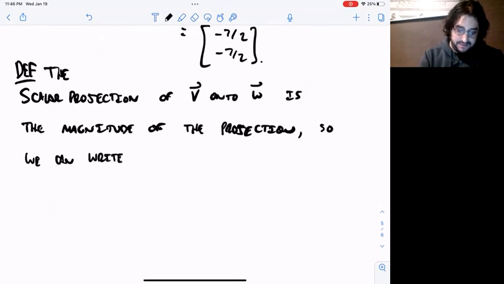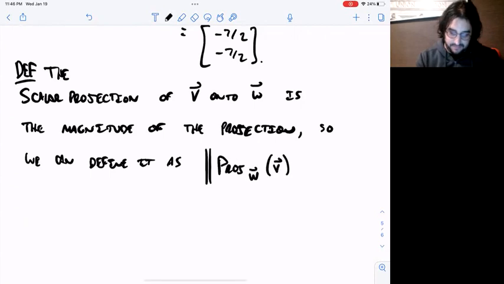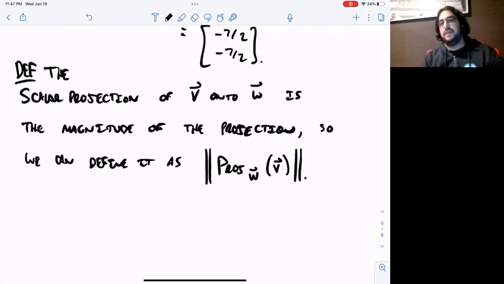If you want, you can write that the scalar, well, here, let me write this. So in symbols, we can define it as this, right?